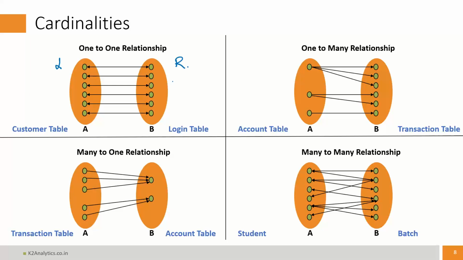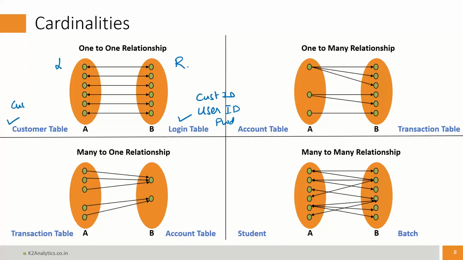one to one? For example, assuming I'm taking a banking example, there is a customer master table and there is a login table. Login table will have user ID, password corresponding to which customer ID.